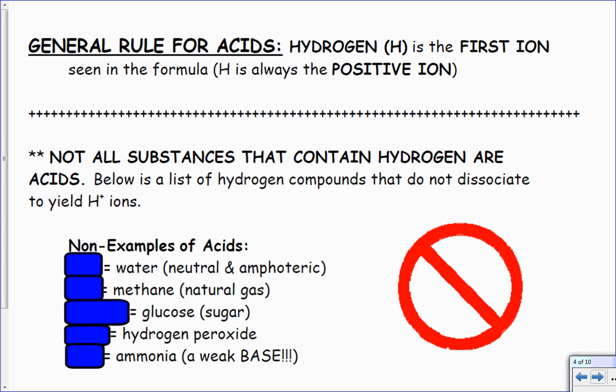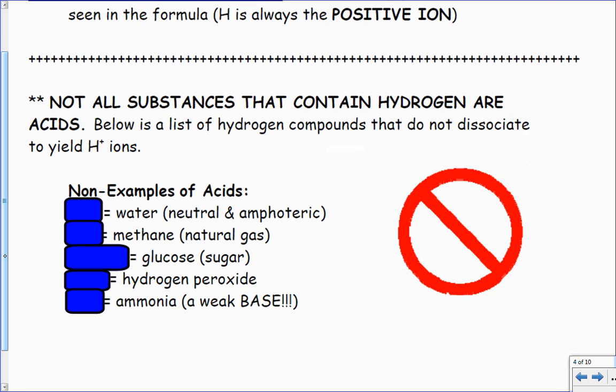All right, general rule for acids: hydrogen is the first ion. We see H plus first. There are exceptions, and here are some of them. Some of these very things are going to lead to us making this alternative theory. H2O, CH4. Especially H2O, water: H is first, not an acid.